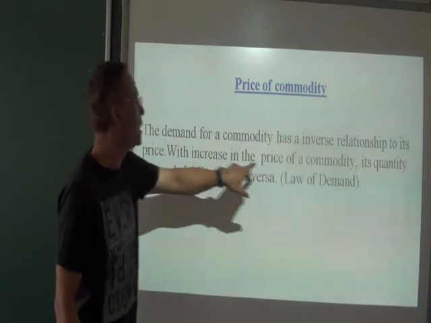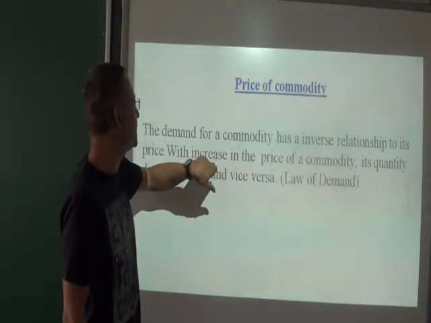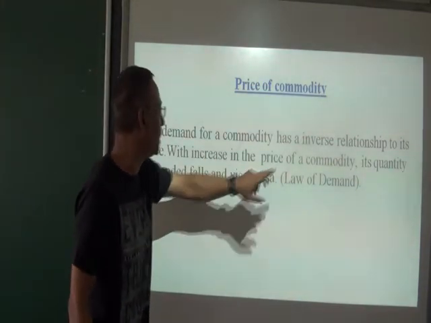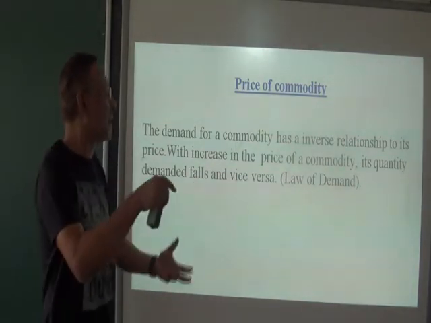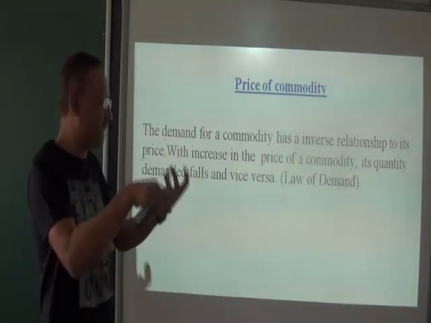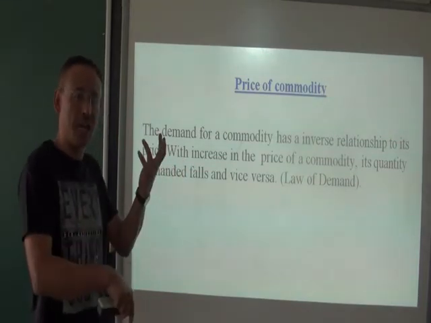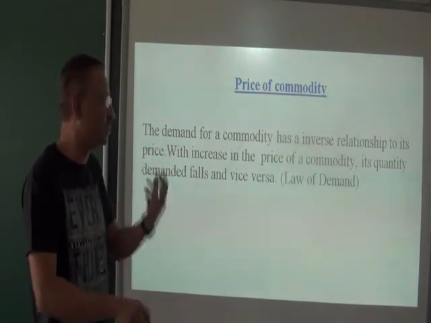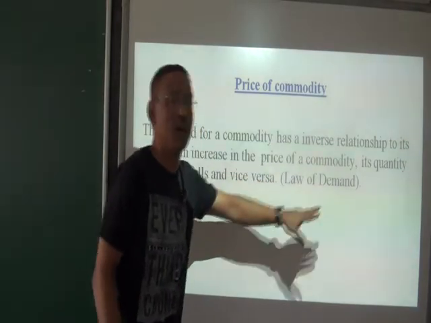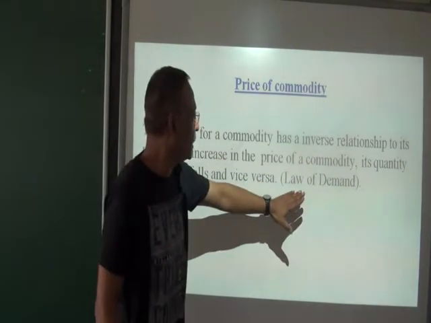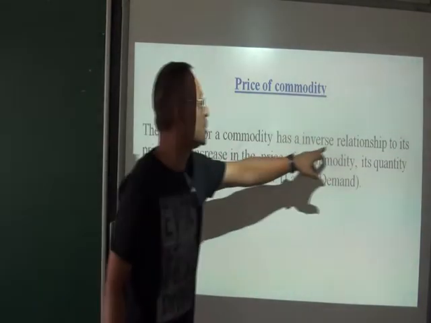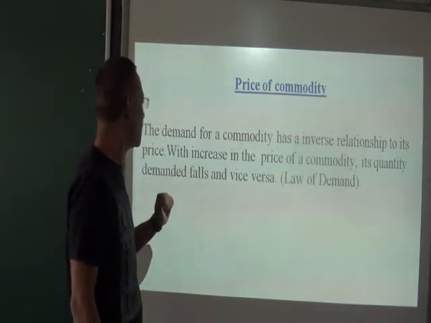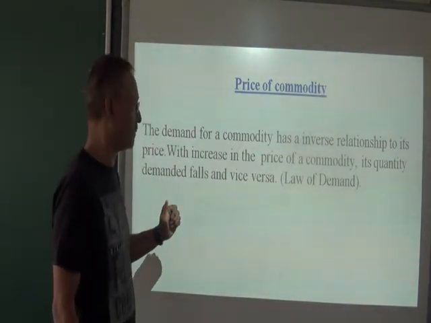If there is a decrease in the price of a commodity, then the quantity demanded will increase. Now when you talk about price increase, quantity demanded decrease, opposite direction, inverse relationship, this is about the law of demand. Because you will learn later what is the law of demand. In that you will discuss the inverse relationship between the price and the quantity demanded.